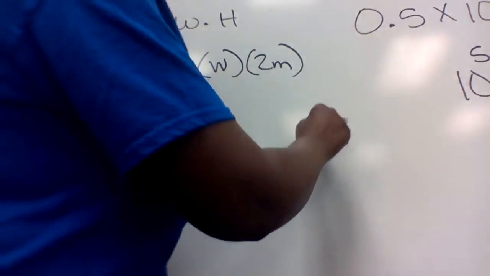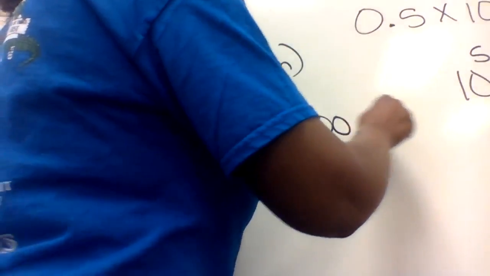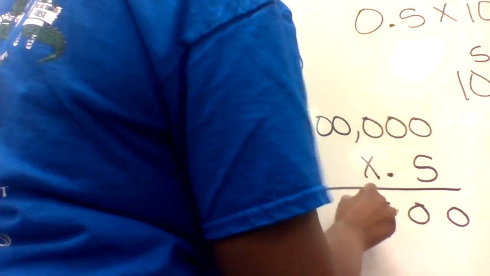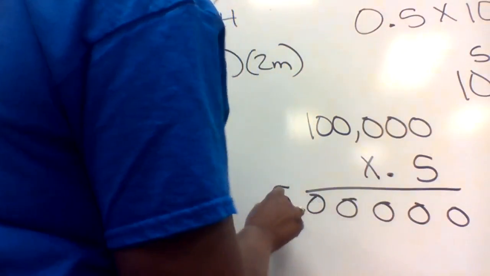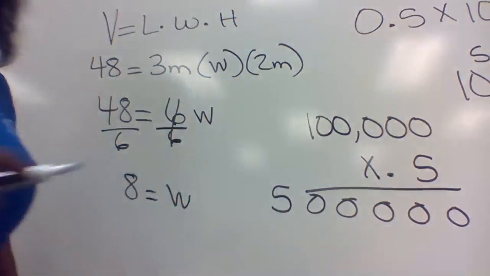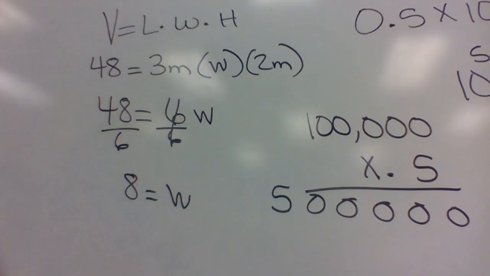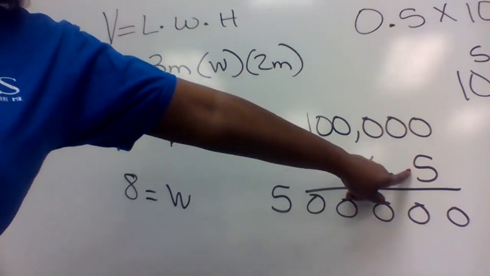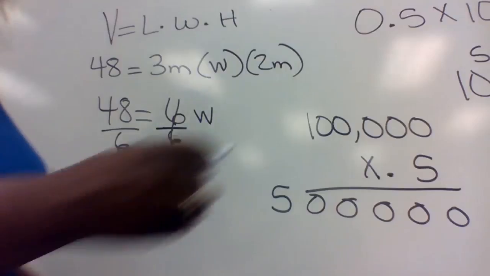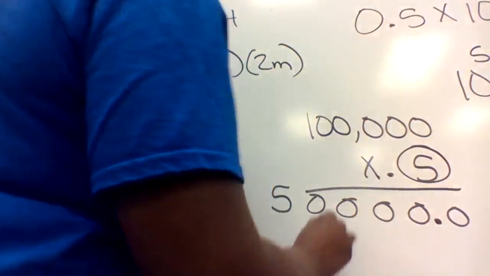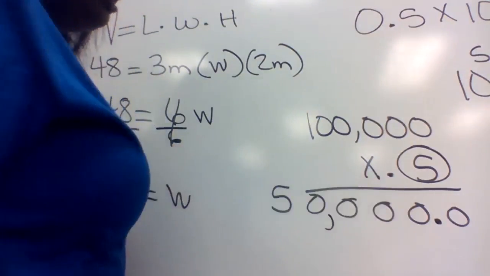That's 0, 0, 0, 0, 0, 5. How many numbers should be behind the decimal? Just 1. There's only one. This is the only number that's behind the decimal. So my answer to the first one is 50,000.